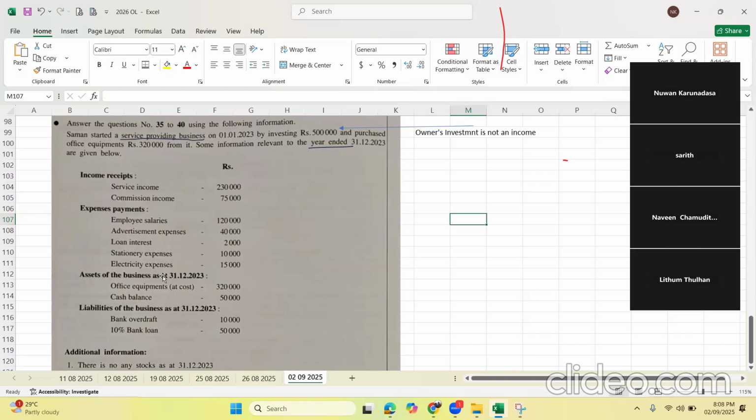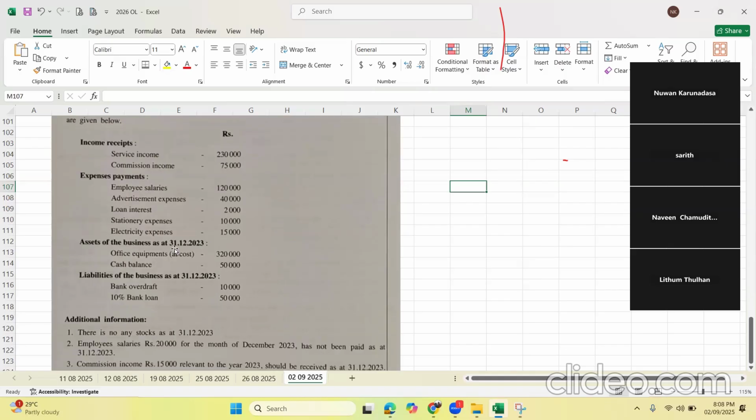Then they have given a lot of expenses. Then assets of the business at 31st December 2023, meaning closing date.